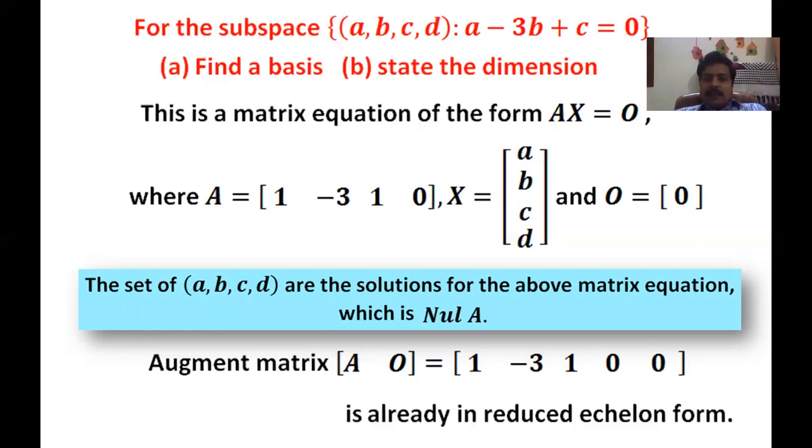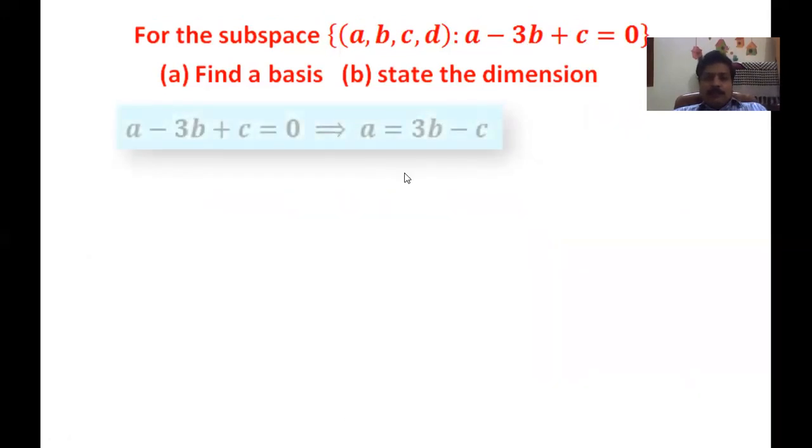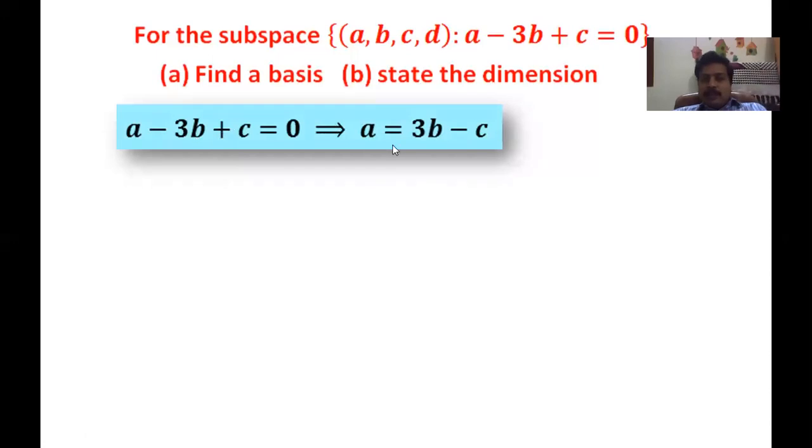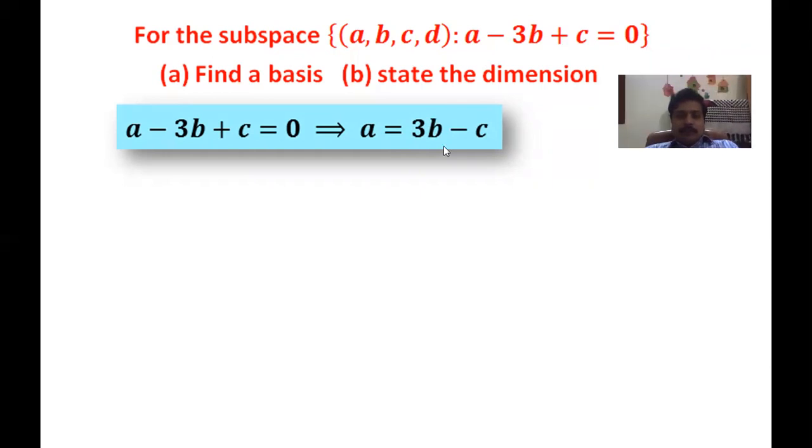Otherwise, I can directly write A minus 3B plus C is equal to 0 implies A is equal to 3B minus C. So now, after converting that into regular matrix form and finding that it is already in echelon form, I am converting this to A is equal to 3B minus C, which can also be done directly. Here, my intention is not to solve this problem, but to show how to solve any type of such problems.